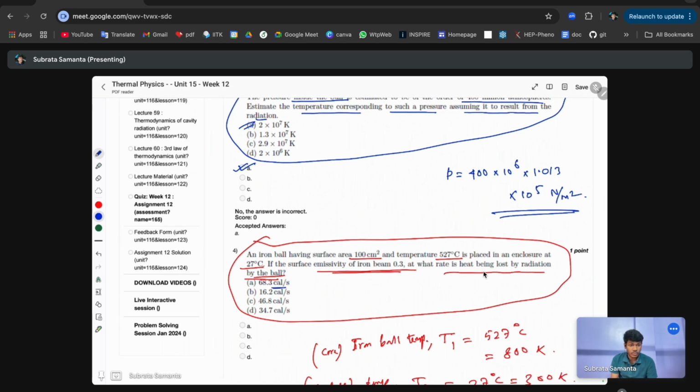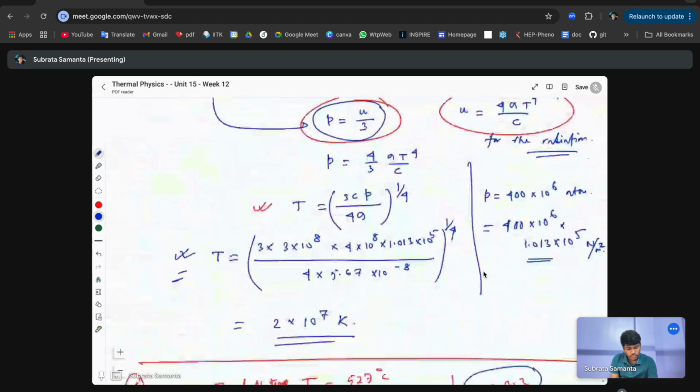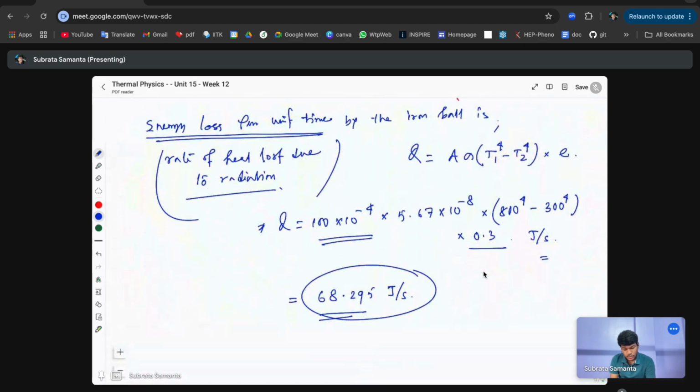So you convert this: 1 calorie is basically 4.2 joule, so you have to divide by 4.2. 68.295 over 4.2 calorie per second.